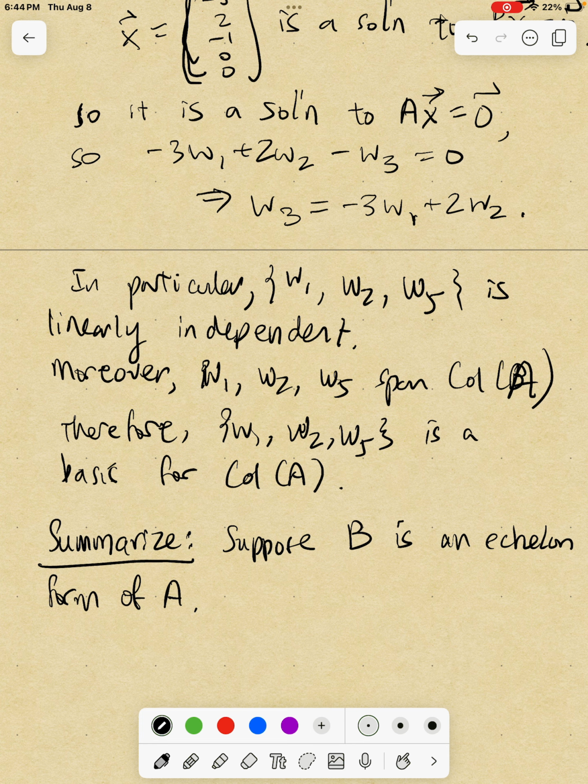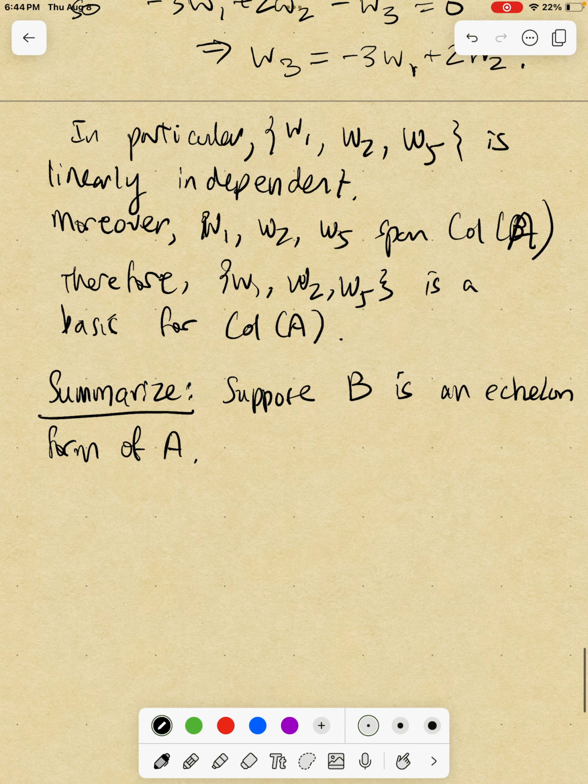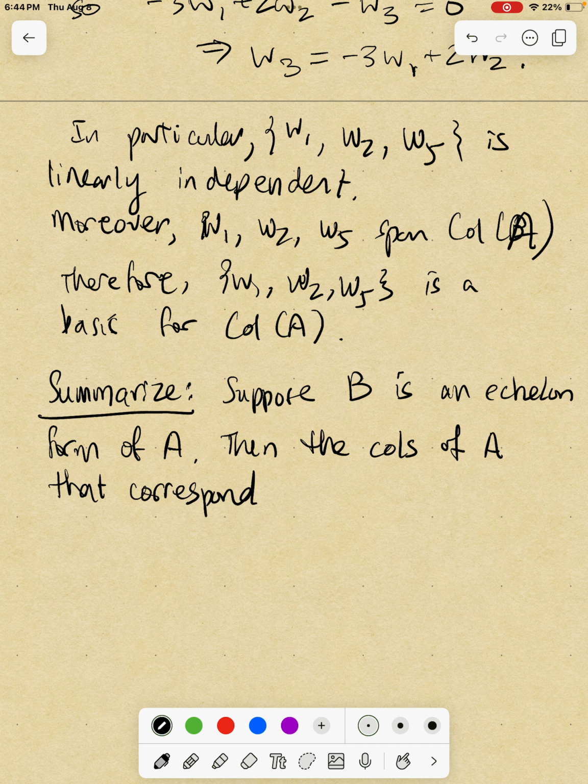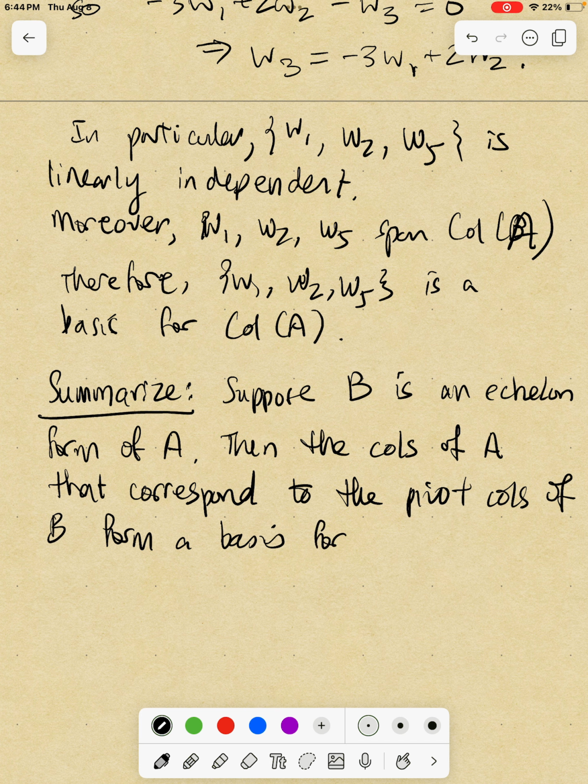It just needs to be such that you can see the pivot columns. Then the columns of A that correspond to the pivot columns of B form a basis. The set of those columns is the basis for the column space of A.